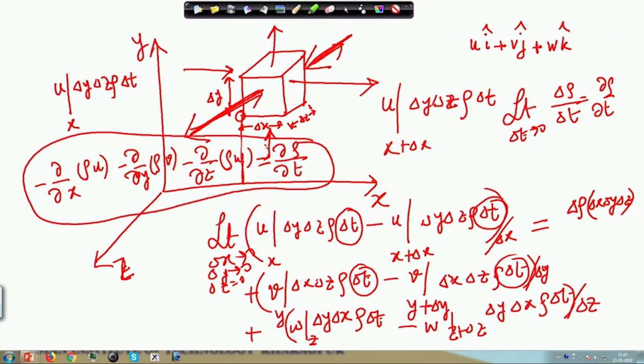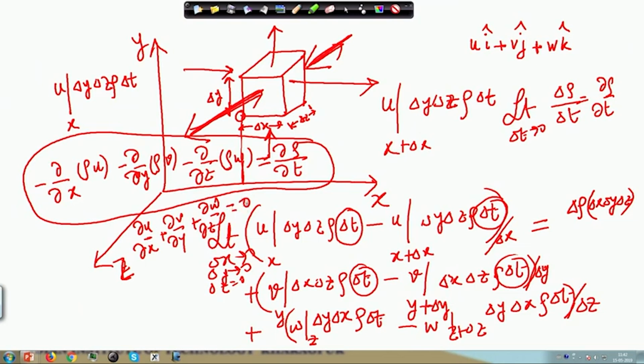This is the equation for mass continuity, and when rho is incompressible, then del rho del t goes to 0, and rho will come out of each of these brackets. In that case you will simply have del u del x plus del v del y plus del w del z equal to 0.